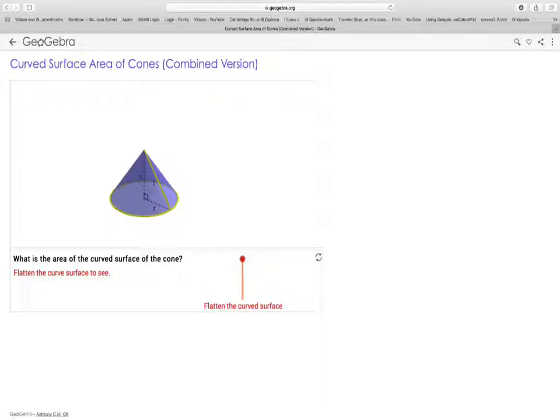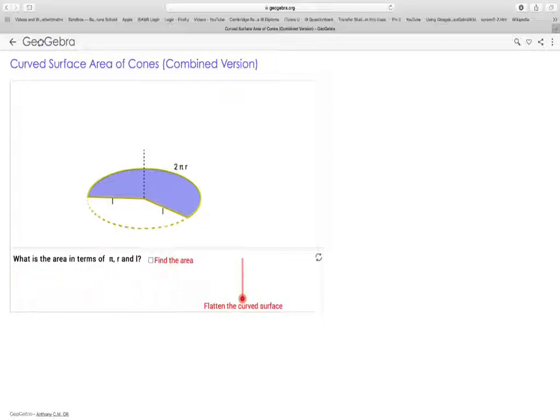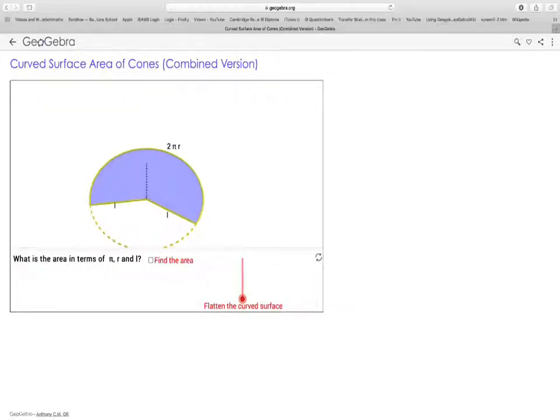So what I've got here is a cone with a radius r, a slant height of L, and a vertical height of h. The vertical height doesn't really come into this. Right, if we was to cut the cone up here, it would make what's known as a sector, which would be on a circle.